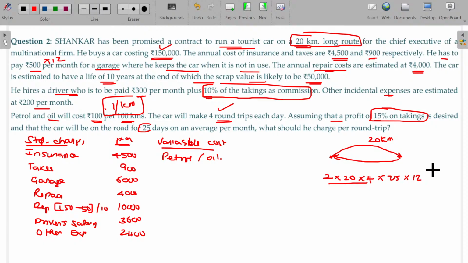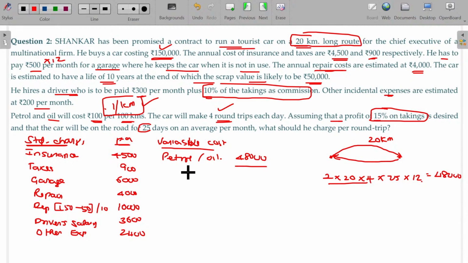Tell me, what is the total number of kilometers? 48,000. Petrol cost being 1 rupee per kilometer for 48,000 kilometers is 48,000 rupees.